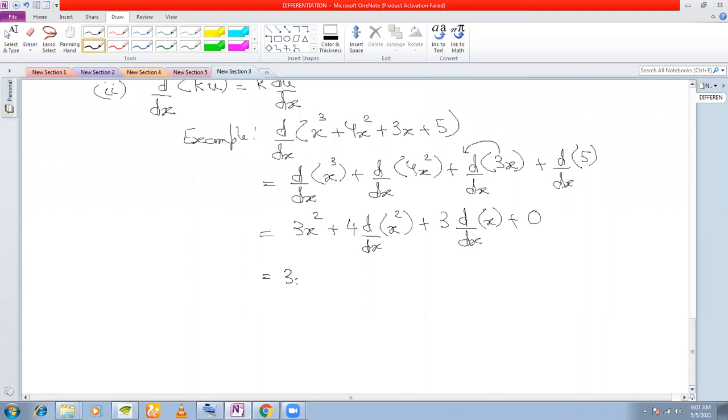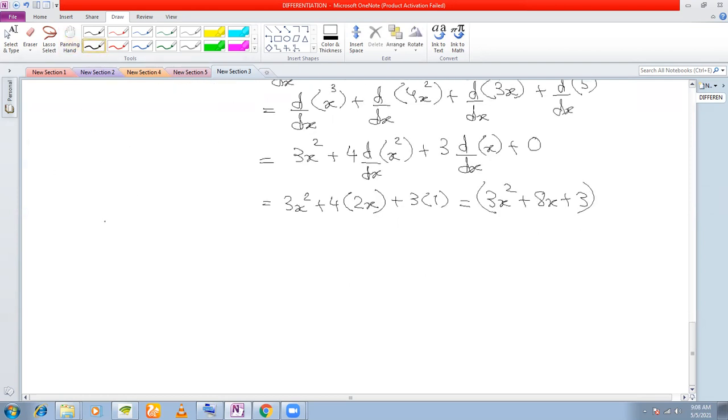So you get 3x square plus 4 times, now d/dx of x square is 2x, using x to the power of n minus 1, and d/dx of x, I told you to remember, is always 1. So this becomes 3x square plus 8x plus 3. Clear? How to differentiate this? So this is the second rule.